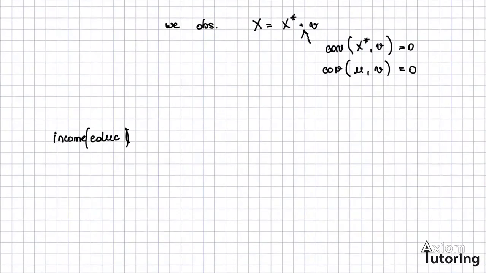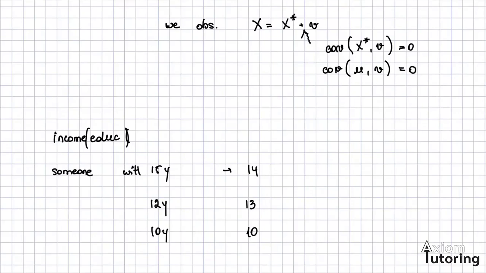So you could have someone with 15 years of education who reports 14. Someone with 12 years of education reports 13, and then someone with 10 years of education, let's say, reports 10. So it's correct by chance.